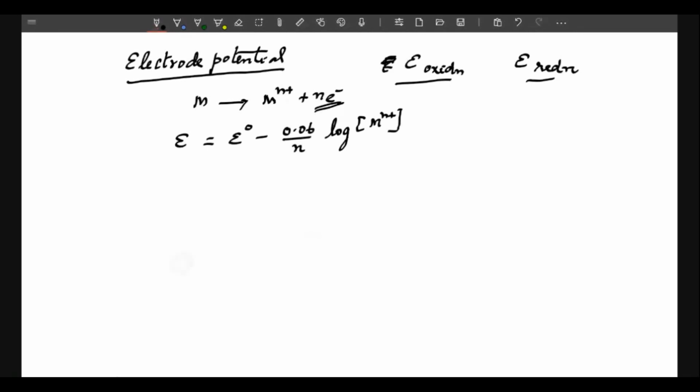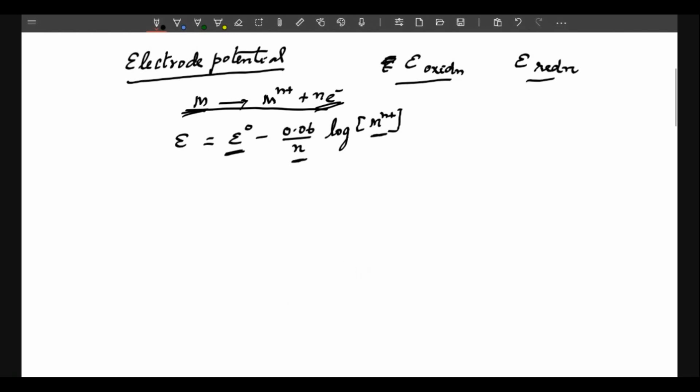Here the activity of the solid electrode is taken to be 1. And under this condition, the number of electrons involved in this given electrode is a constant.